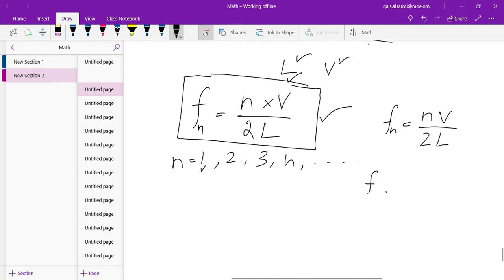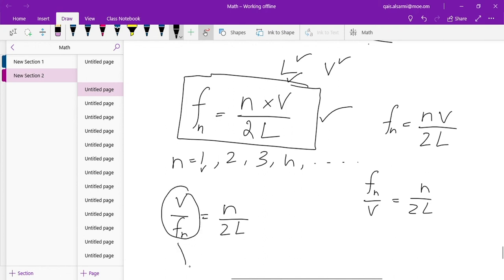If I shift V downstairs, it becomes V over Fn equals 2L over n, so the left hand side is nothing but the wavelength.